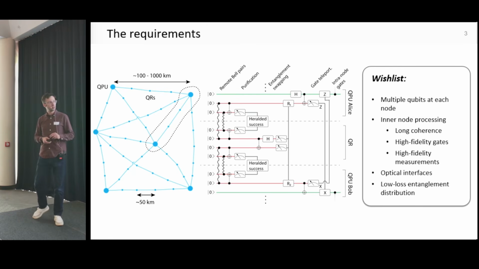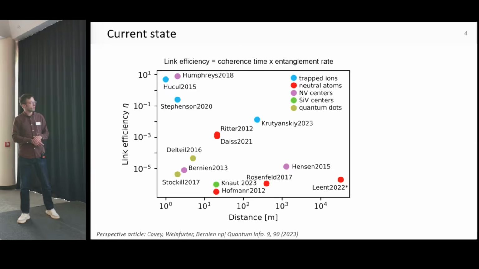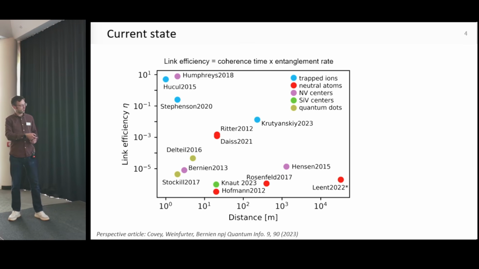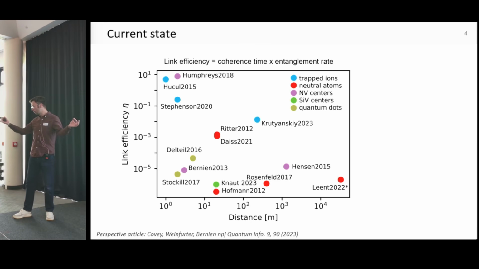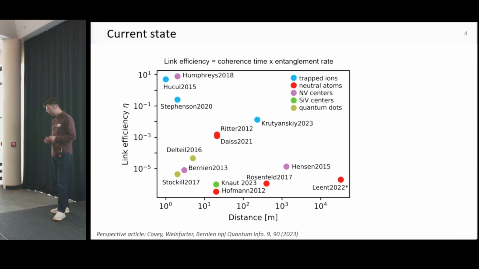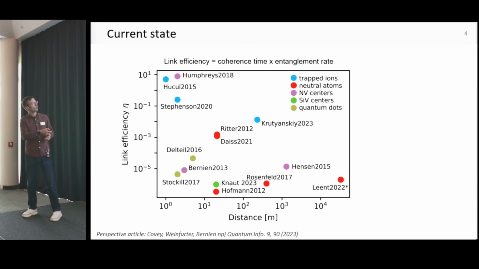So what is the current state of quantum networks? I tried to summarize the current state in this plot here. It's kind of busy, but let me walk you through it. On the x-axis, you see the distance between two nodes, each node hosting a qubit, and on the y-axis you see the link efficiency, a figure of merit that's basically the product of the coherence time times the entanglement rate.